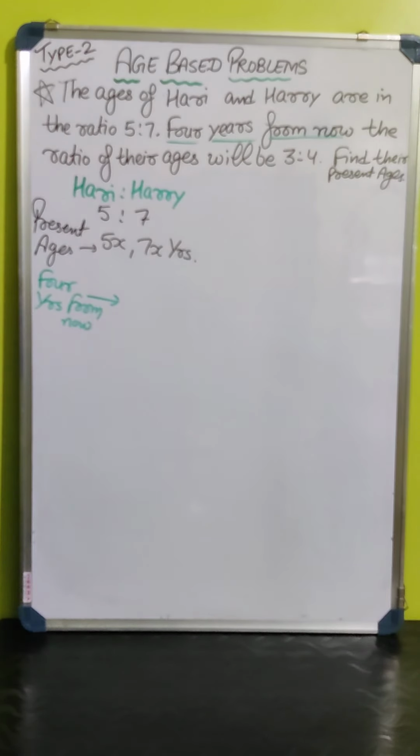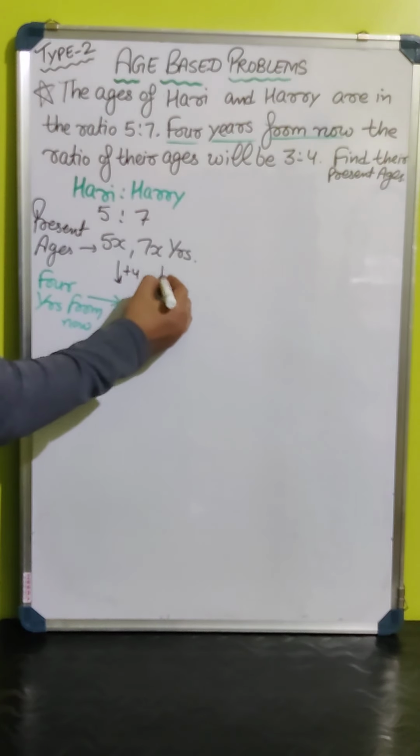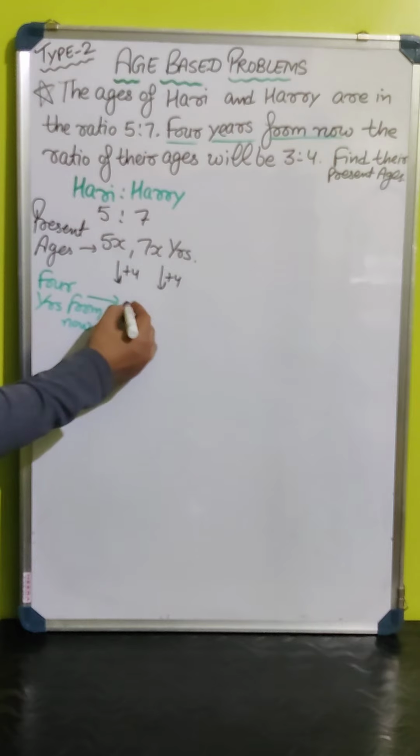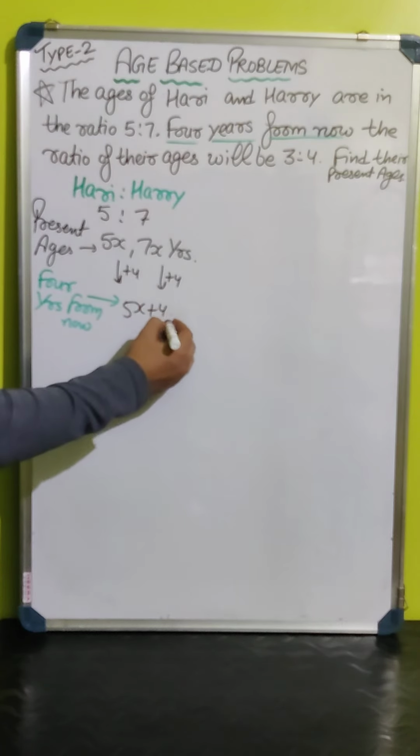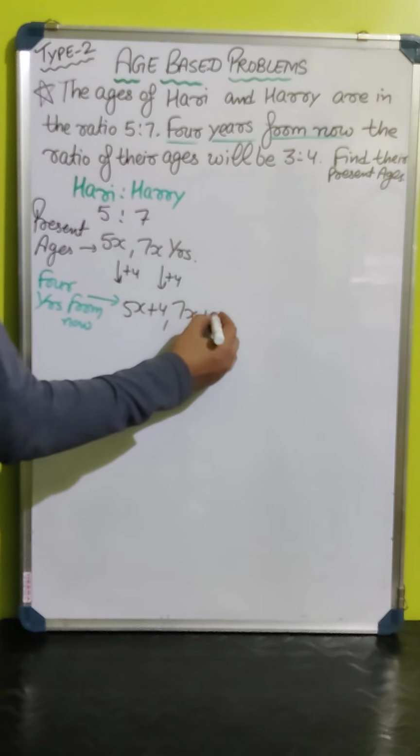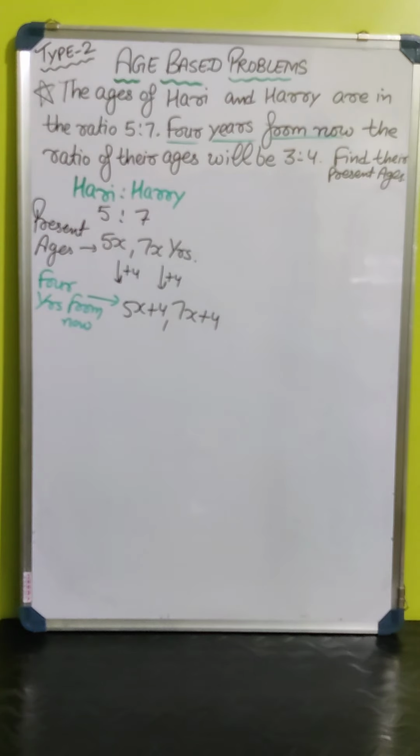The age will be, you have to add 4. That means simply you have to add 4. 4 years from now, the ages will be 5x plus 4 and 7x plus 4. Simple. Okay. So the ratio of their ages will be 3:4.